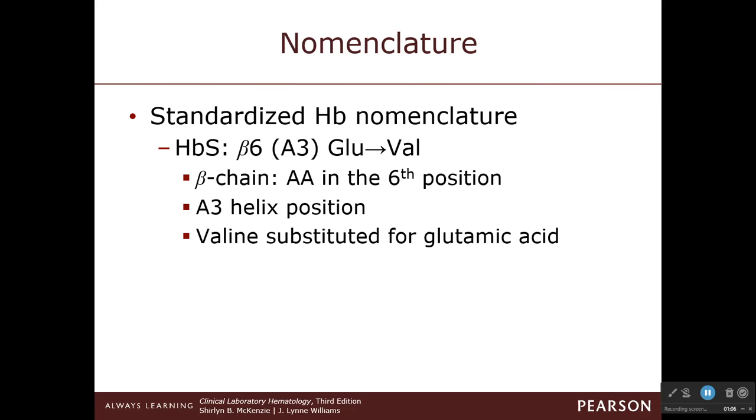And there's actually a chart in your book, on page 236.